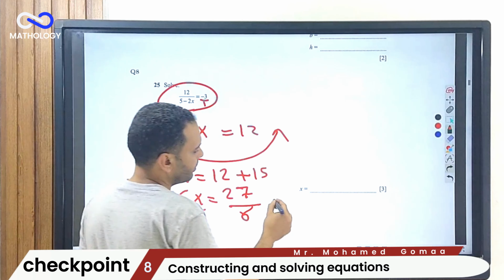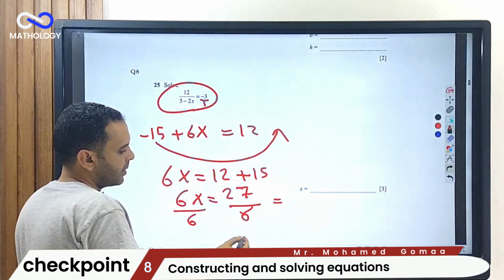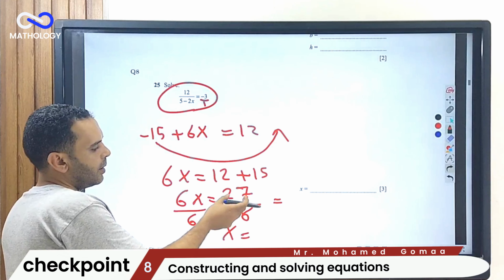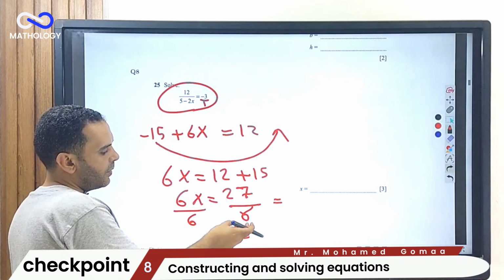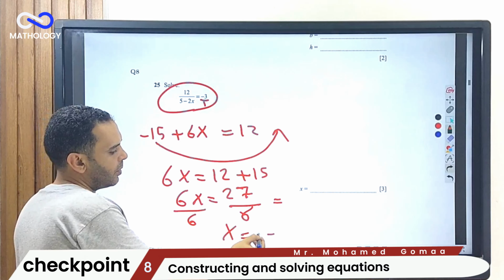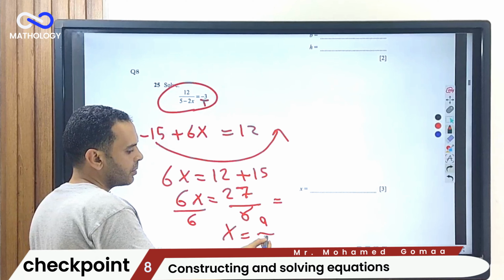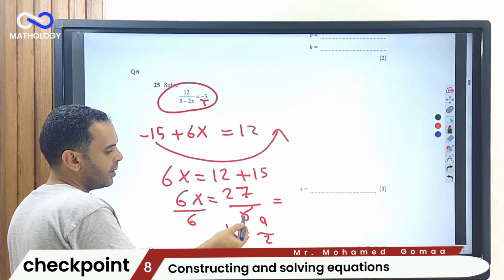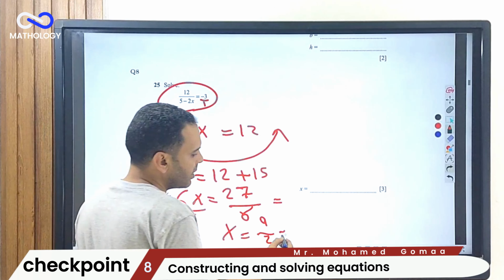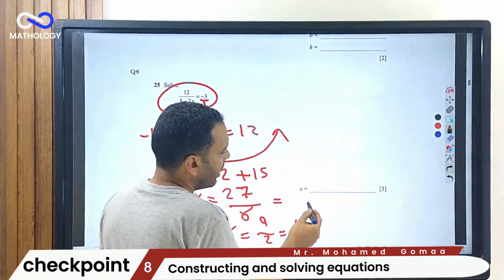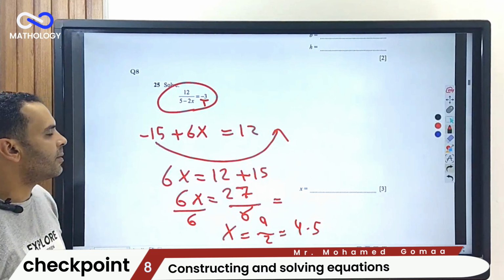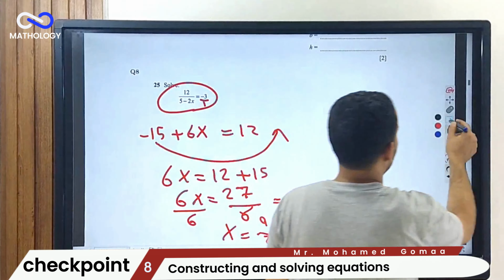It will be x equals 27 over 6. You can simplify it by dividing by 3. It will be 9 over 2. 9 divided by 3 equals 3, 6 divided by 3 equals 2. 9 over 2 equals 4.5. X will be 4.5.